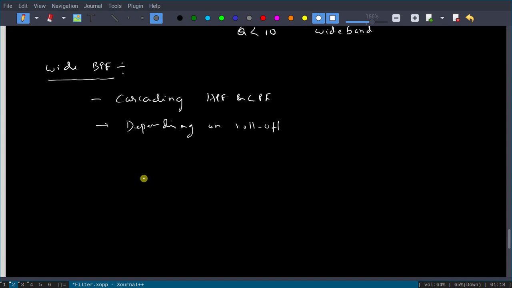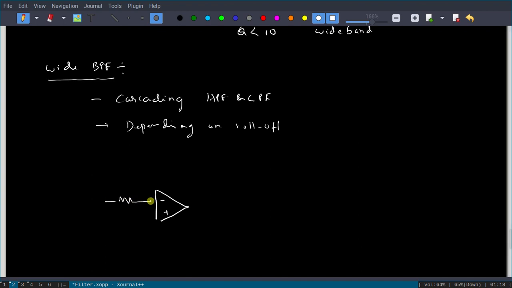So how is it decided? You can cascade two filters. One is HPF, another one is LPF. I will explain how it will select only a band of frequencies.